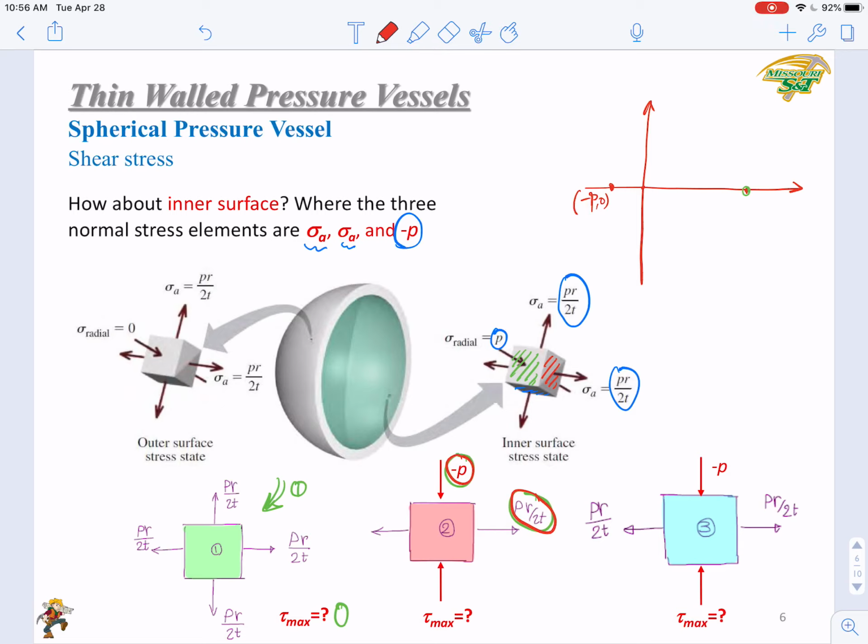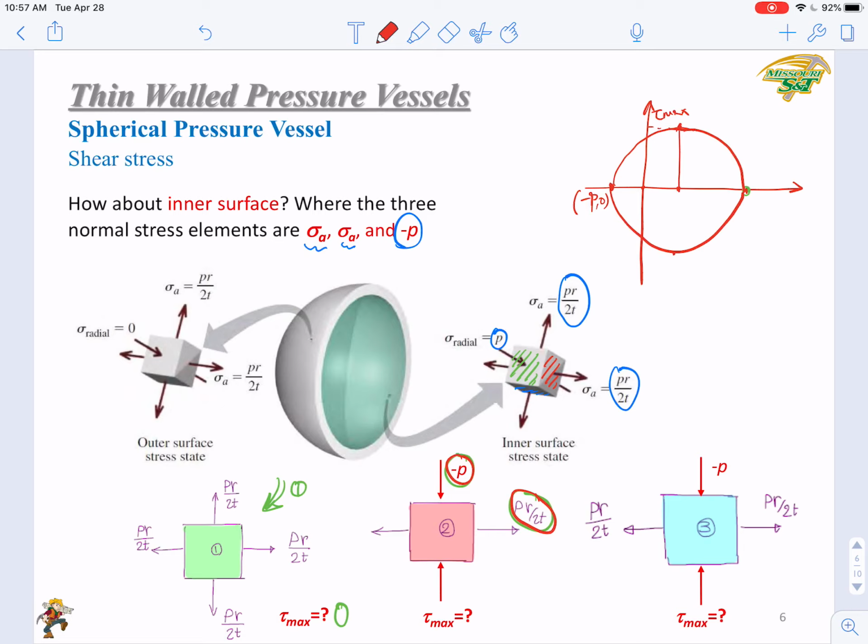Connect these 2 points as the diameter to draw the Mohr circle. So you get a Mohr circle as this. Then what is the radius? This is the tau max.